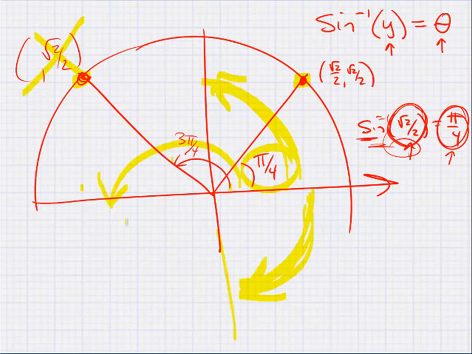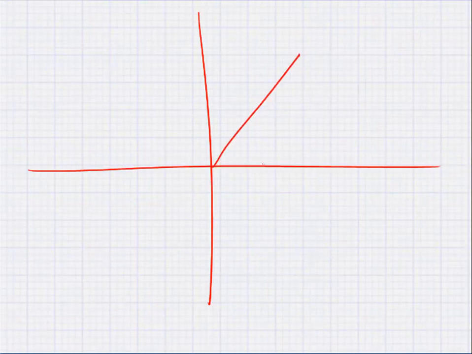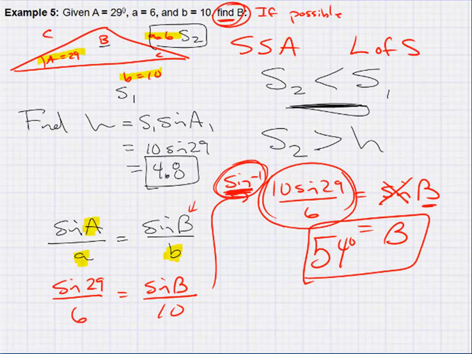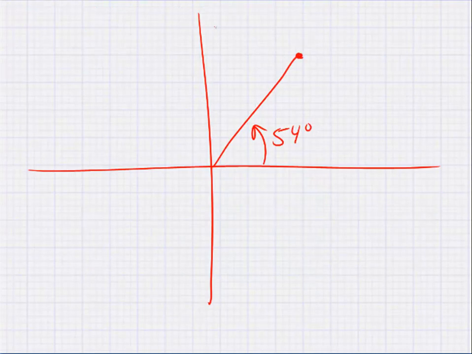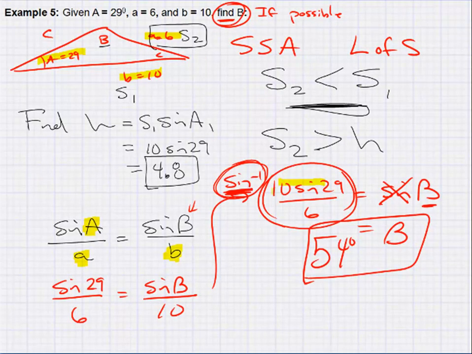So if I redraw this picture, using the inverse sine for a basic calculation, I came up with an answer of 54 degrees. Let me go back and check. Yeah, 54 degrees. I took the inverse sine of this, and I got 54 degrees.